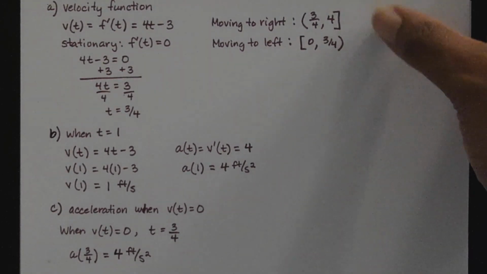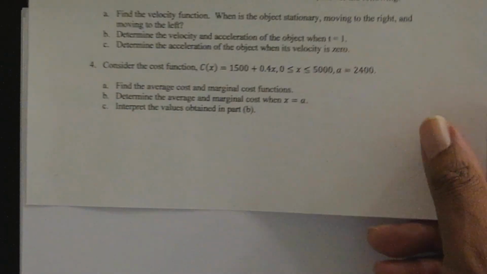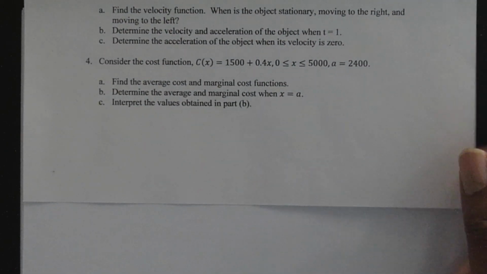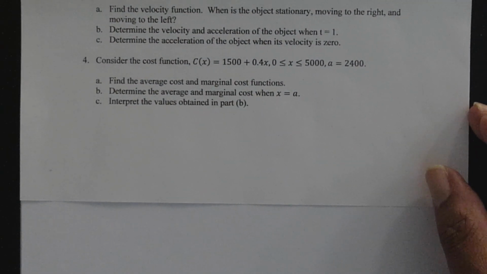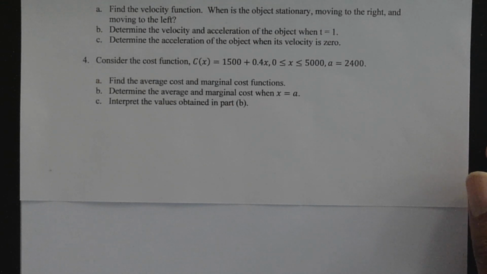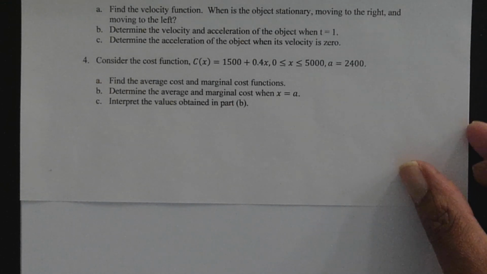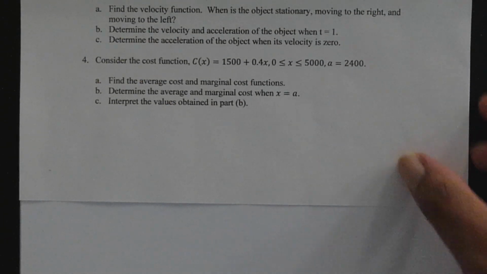Okay, number 4 is consider the cost function c of x is equal to 1,500 plus 0.4x. X is between 0 and 5,000, and a is 2,400. Here we want to find the average cost and marginal cost functions.